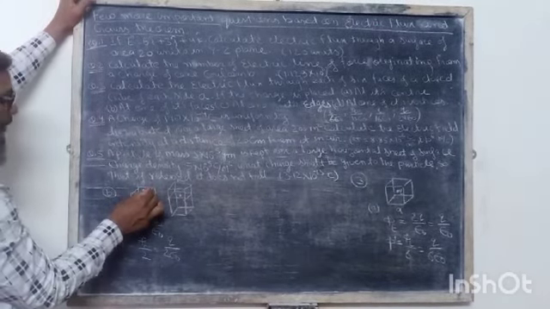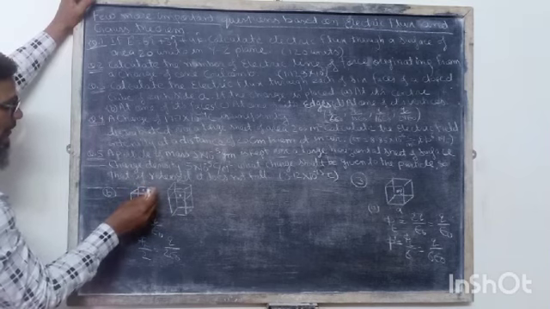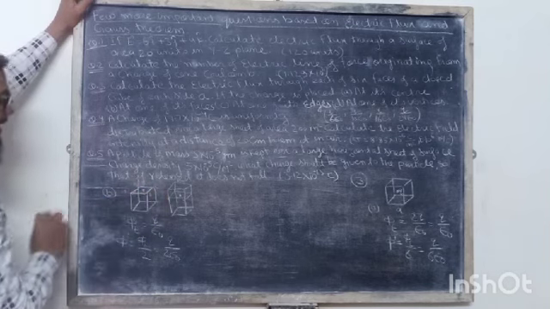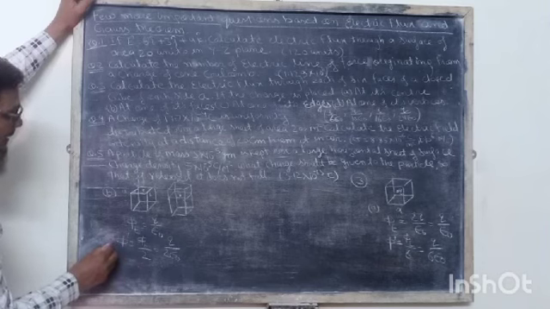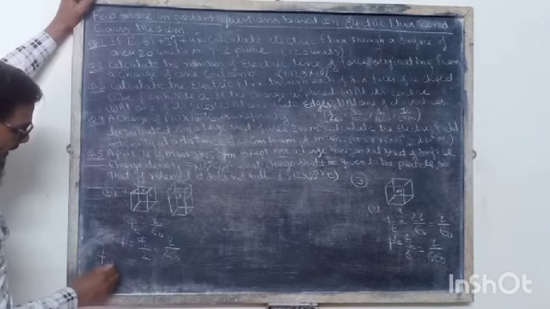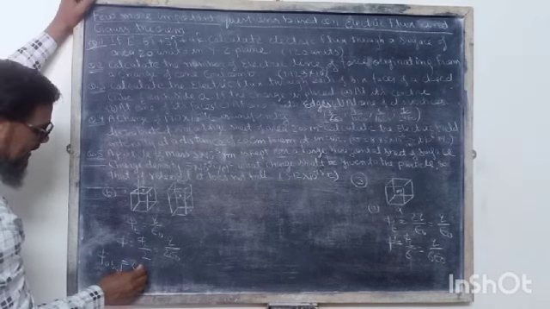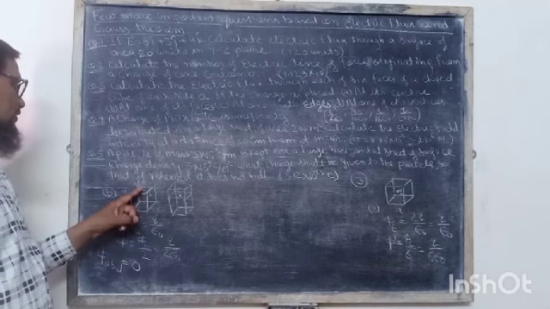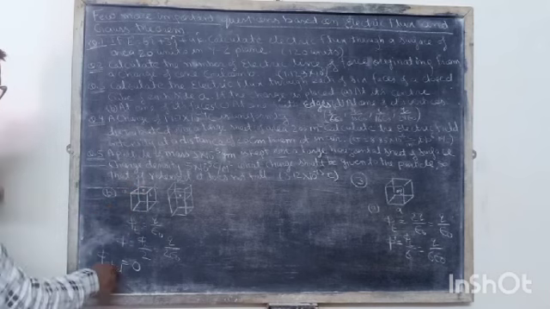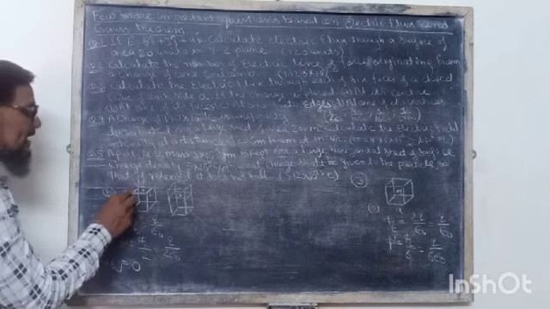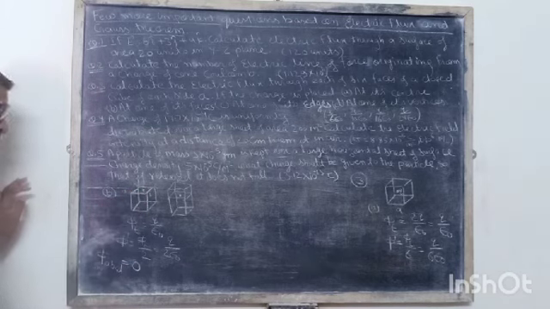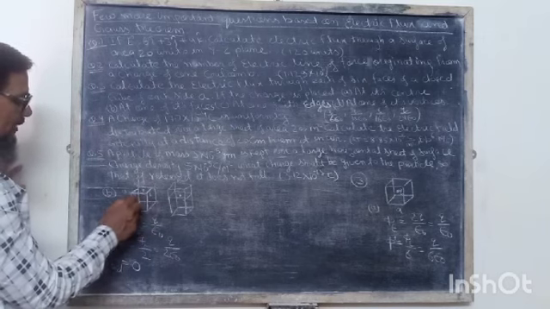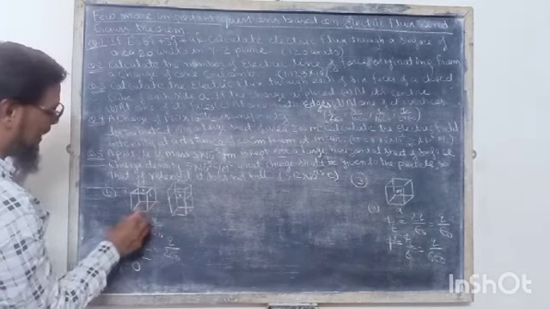And now for this surface, you can give the name A, B, C, D. For this face or surface, the phi A, B, C, D will be equal to 0, because this charge exists on this face, so the net outward flux through this face A, B, C, D will be equal to 0.